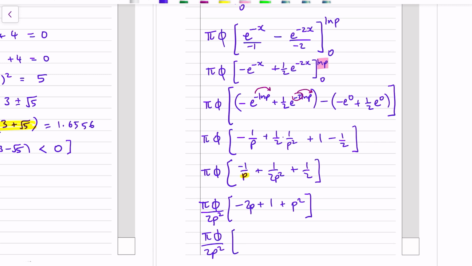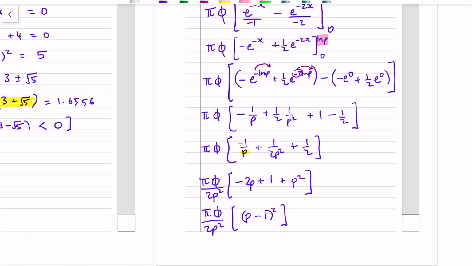We've got a perfect square. And then we can see it's p minus 1 all squared divided by p squared. So I can write that as p minus 1 all over p squared.